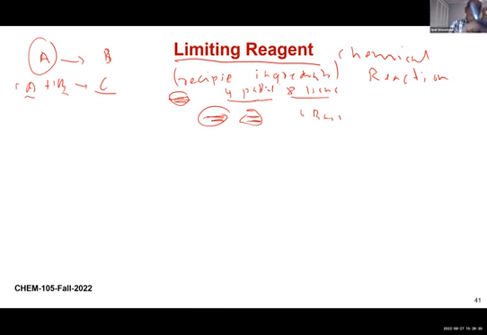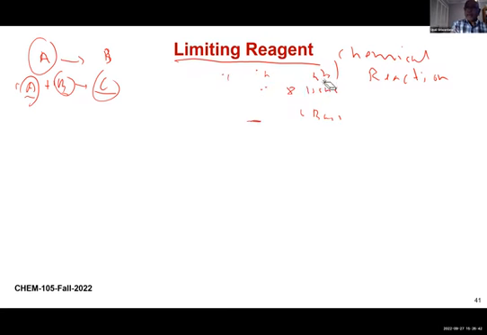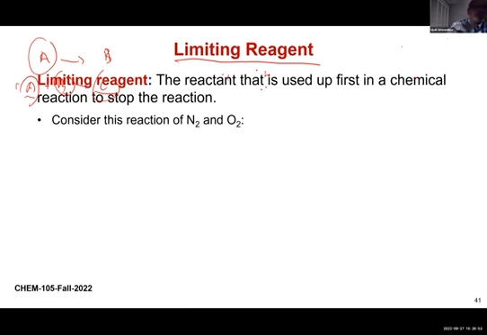Just like that, chemical reactions are recipes. I just assume they are recipes. So they follow the limiting factor, just like the patties when we were trying to make hamburgers. Limiting ingredient or reagent.